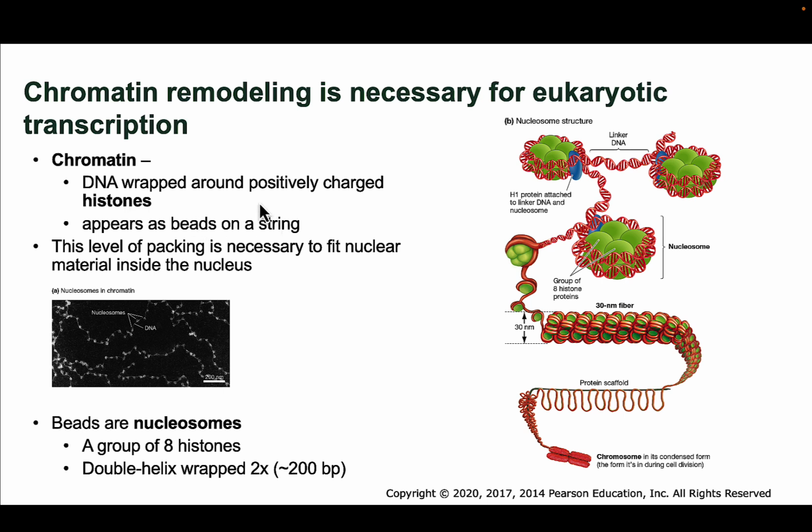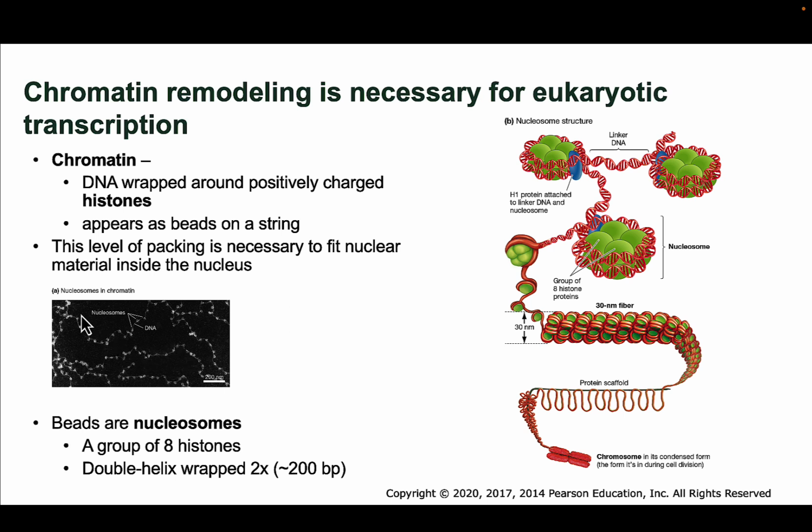If you look at DNA under a transmission electron microscope, a very high-powered microscope, the DNA appears as beads on a string. Here is the string, and here are these little, brighter dots, the beads.